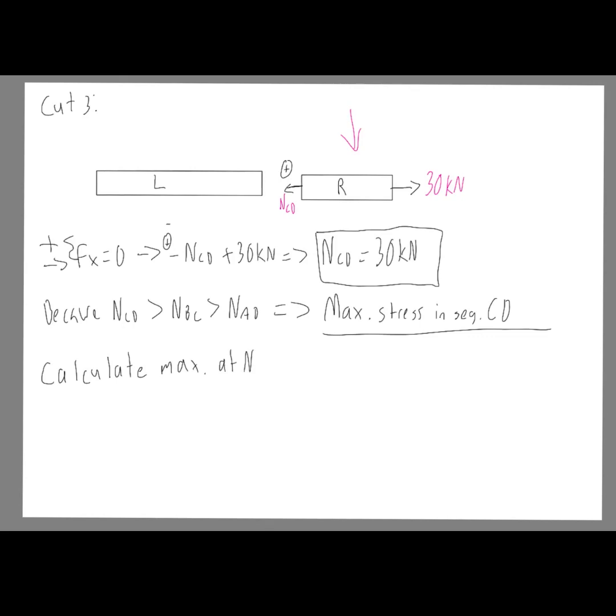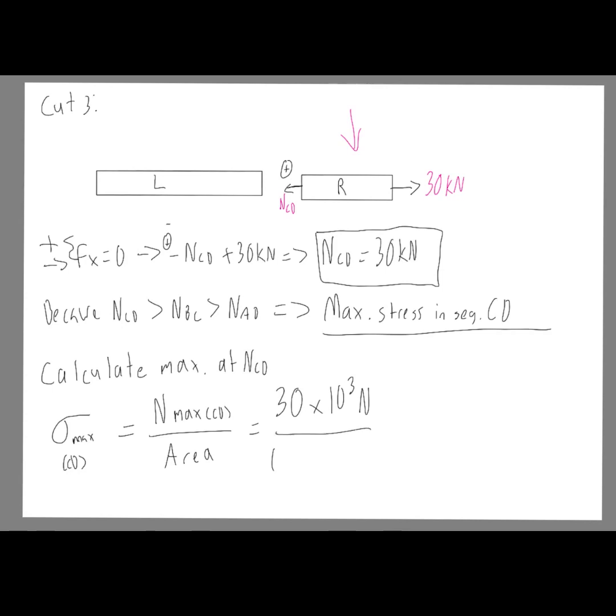Okay, so we know that the average normal stress at CD will equal the normal maximum at CD, or the normal force, we're just calling it N max, over the area. So it'll be 30 times 10 to the third newtons. We're converting kilonewtons into newtons for this.